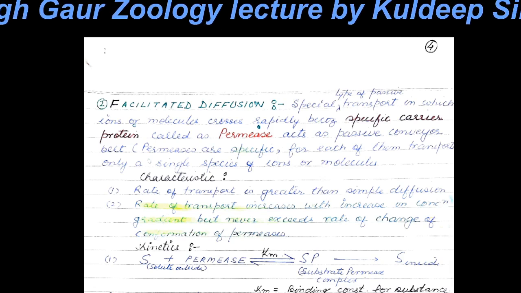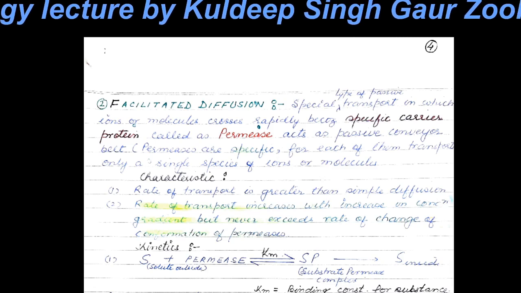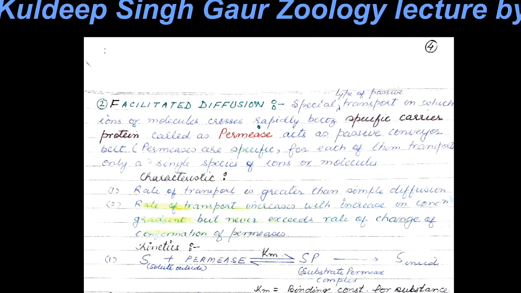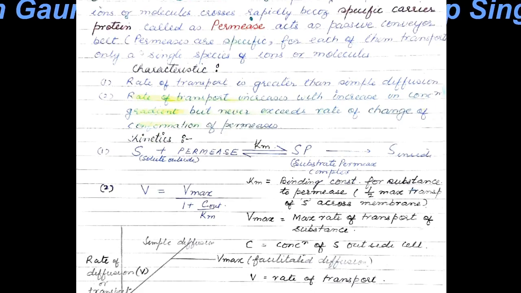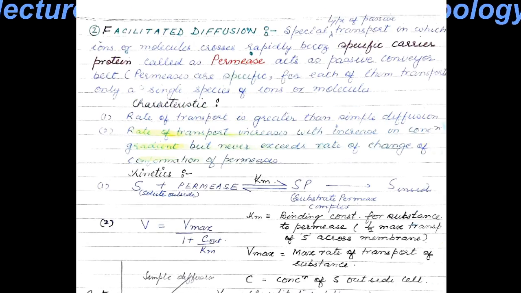It employs a specific carrier protein called permease to transfer the solute molecules, and it is faster than simple diffusion, but the speed never exceeds the rate of change of conformation of the permease protein. This you can see in this diagram, that after reaching a certain point, the velocity Vmax doesn't rise further, rather becomes constant. So this was diffusion.